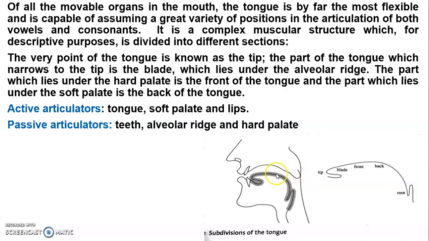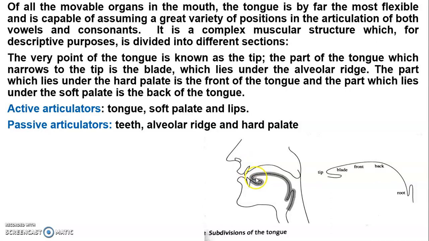So, let's explain this again. For descriptive purposes, we can divide the tongue into different parts. Why are we doing this? Because we need this in order to classify sounds later on.